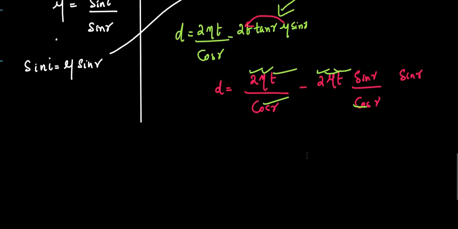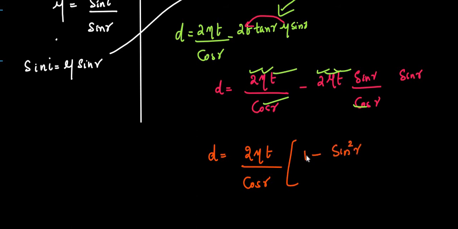So you can see d is equal to 2 mu t divided by cos r into 1 minus, I have sine r into sine r, which is sine square r. What is 1 minus sine square r? You know that sine square r plus cos square r is equal to 1. So 1 minus sine square r is equal to cos square r.